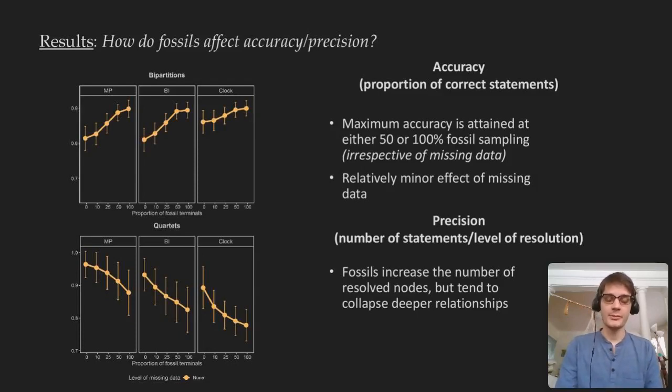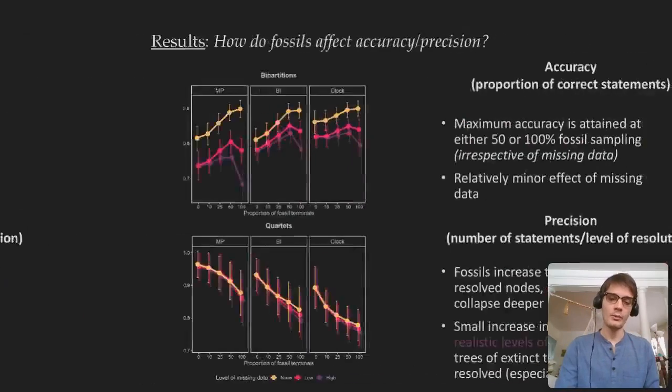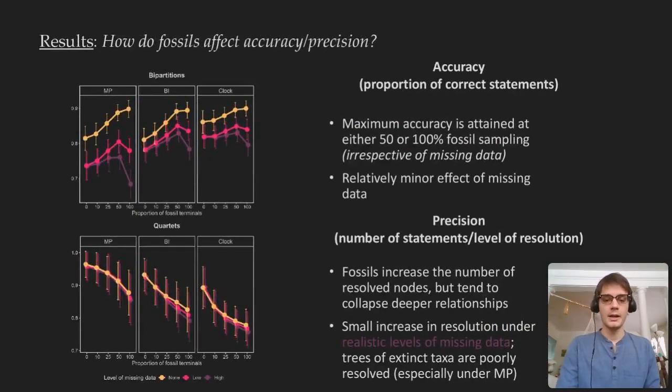These deep relationships are resolved in the absence of fossils, but tend to be collapsed when we include fossils. And once again, when we incorporate missing data, there's not much of an effect except under specific conditions. For example, the analysis of entirely extinct lineages and their maximum parsimony gets hit really strongly by the incorporation of missing data, but the general trends are still the same.